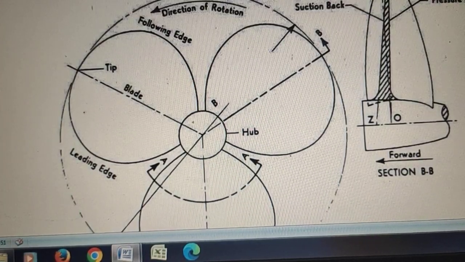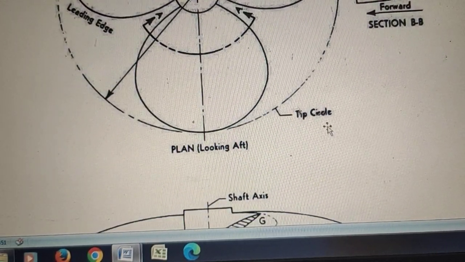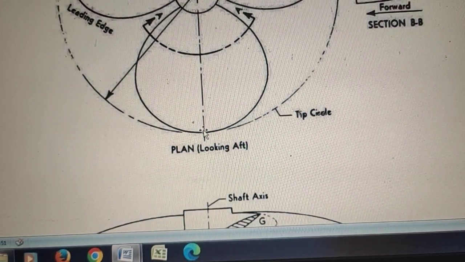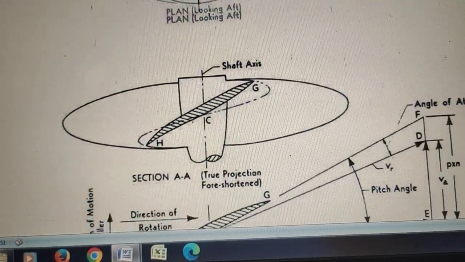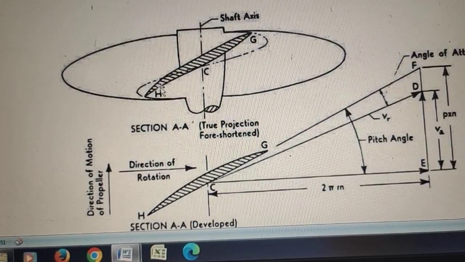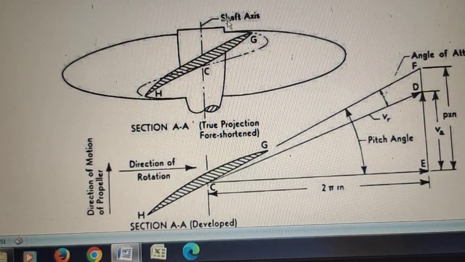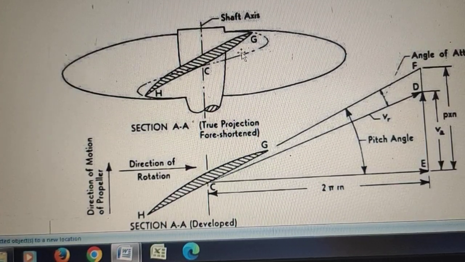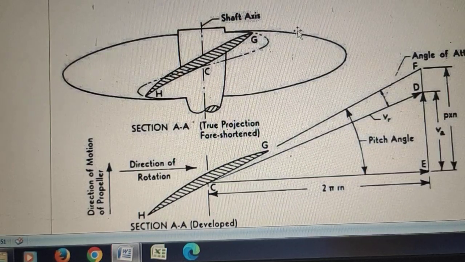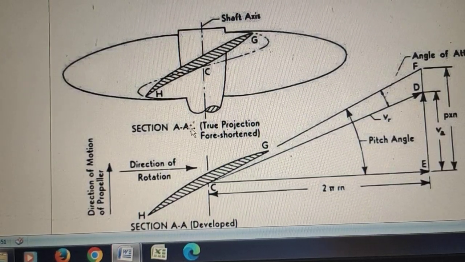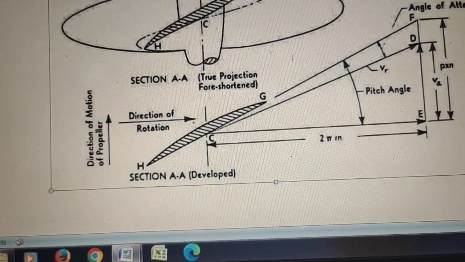To explain it, this is the blade, the blade tip, from where the diameter is being measured. So you can see the blade section. When you cut it from some point, you get the section. The sections are different from the beginning to the tip, so those are the blade sections.